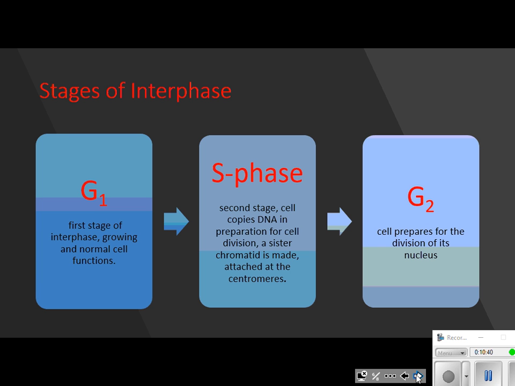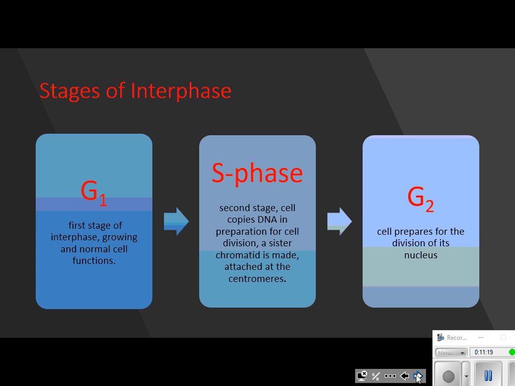The S stage, or the S phase, is the second stage of interphase. And when I think of S, I think of synthesis. Okay, S means the synthesis phase. The cell is copying the DNA in preparation for cell division. A sister chromatid is made and attached at the centromeres.